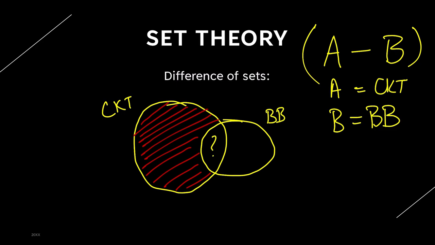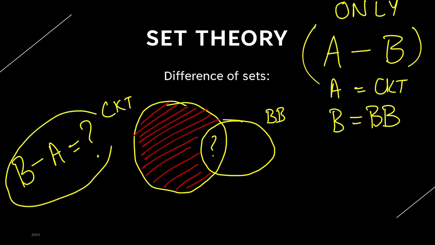Only cricket, not basketball. So this is represented by A minus B. And what will B minus A represent? This is an exercise for you. B minus A means only those students who play basketball only. Only means only basketball and not cricket.